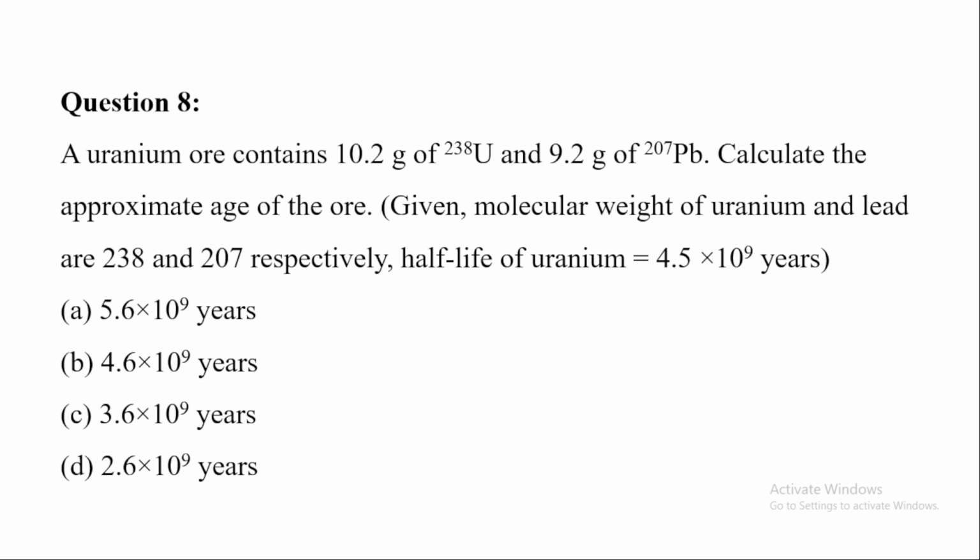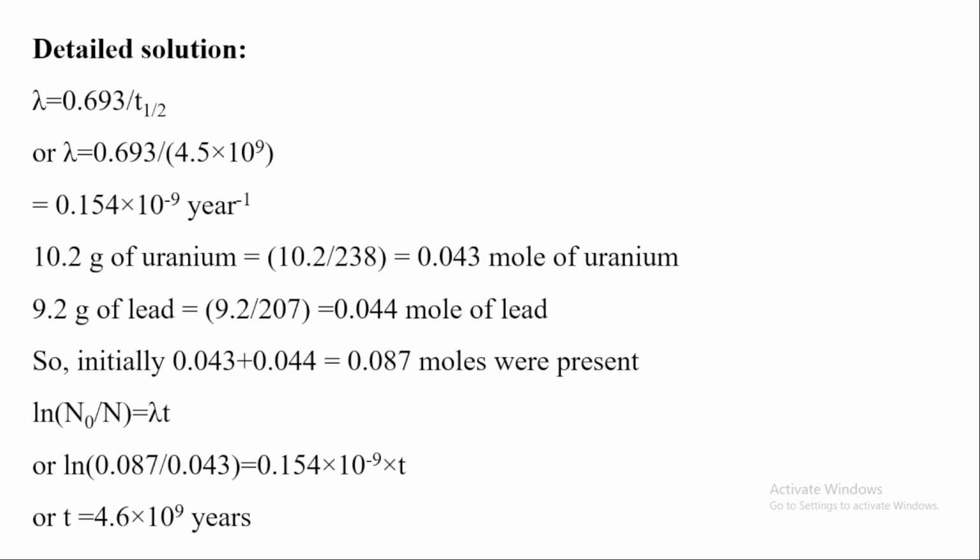So the amount of uranium is 10.2 grams and lead is 9.2 grams. Okay, so it's similar to the previous question where the ratio was given and we had to calculate the age of the rock. In this question, we have the half-life of uranium given as 4.5 into 10 raised to the power of 9 years. So let's see how we'll solve this question. First, we can calculate the lambda, the decay constant.